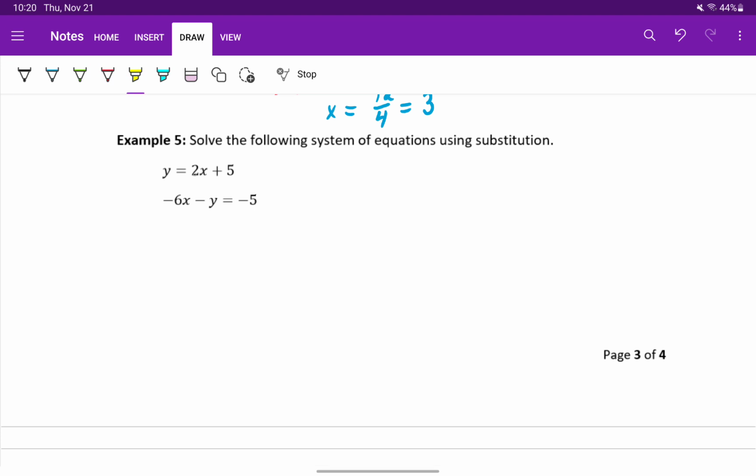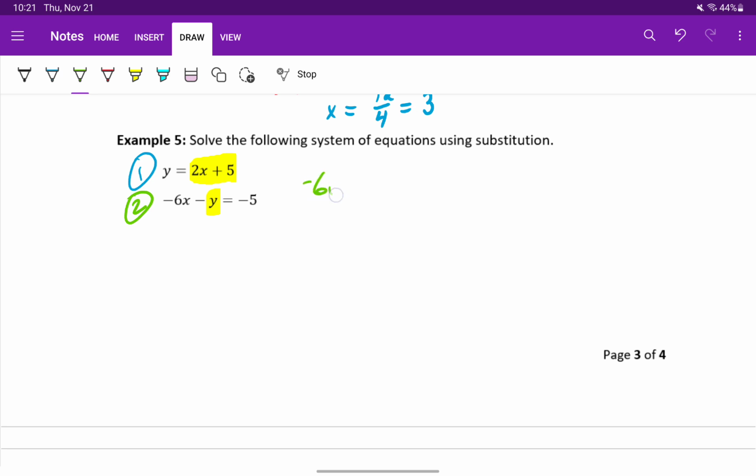In example 5, we'll do this one more time, though we have a slightly different form for equation 2. We're still just going to take what we have in equation 1, y equals 2x plus 5, and substitute 2x plus 5 in for our y value in the second equation.